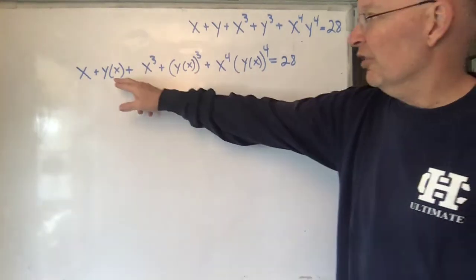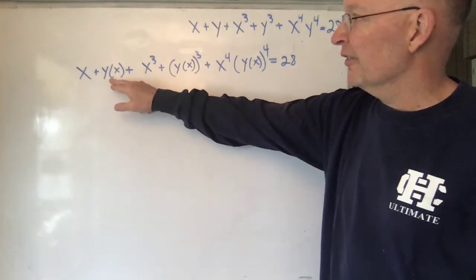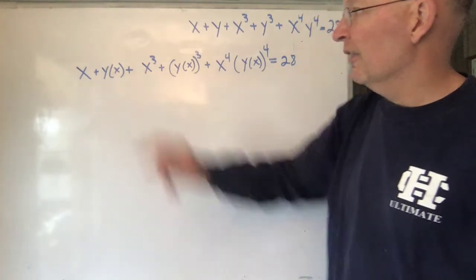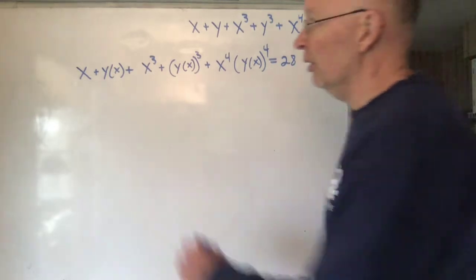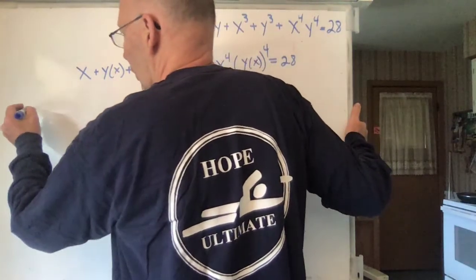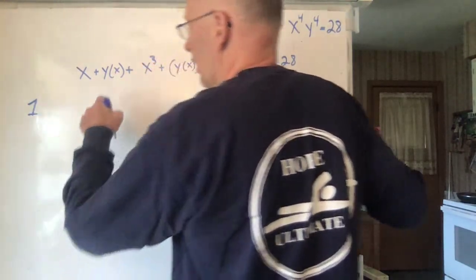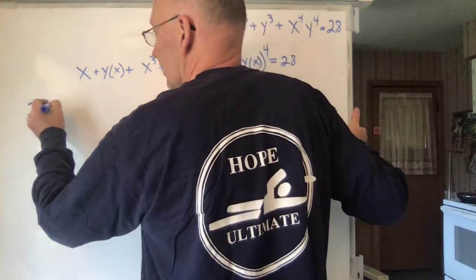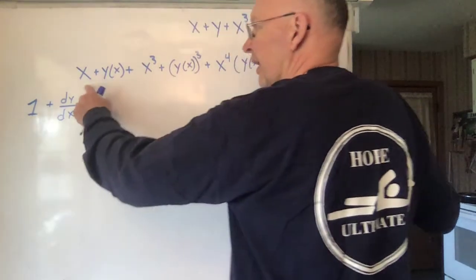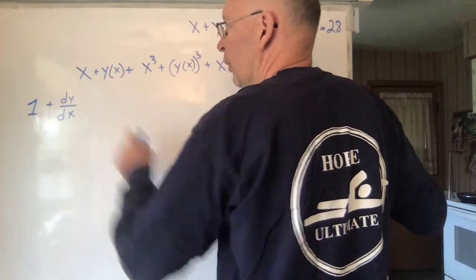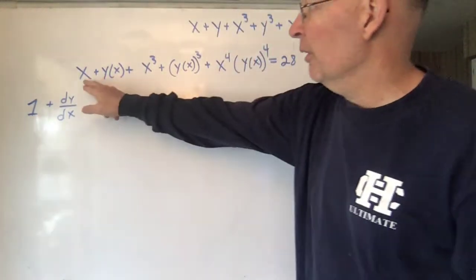So just be very clear in your mind that this x is your variable, and this y is a function of x. So let's go ahead and take the derivative. So derivative of x is 1. Derivative of y of x is just dy/dx. See the difference? That was just 1. This is dy/dx. Because this is the variable, that's the function.